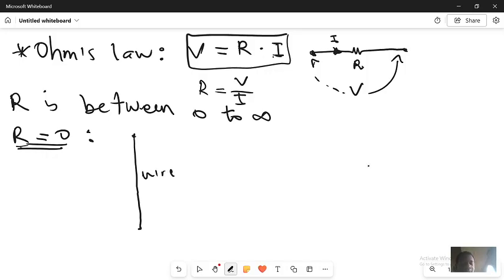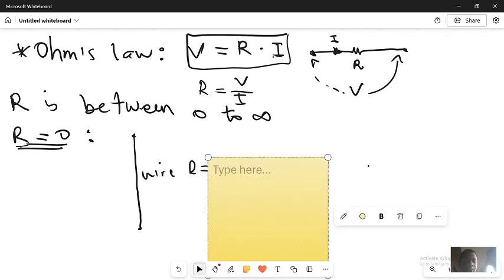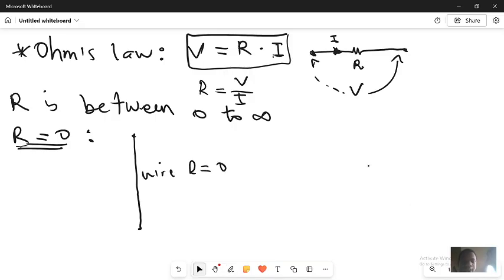When you have only a wire, the value of R is assumed to be equal to 0, and this we call a short circuit.